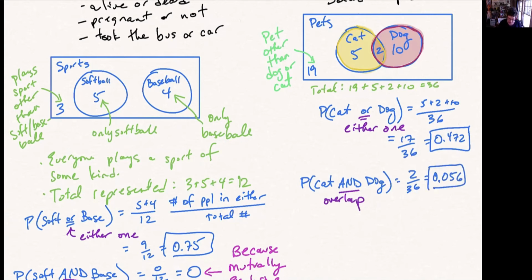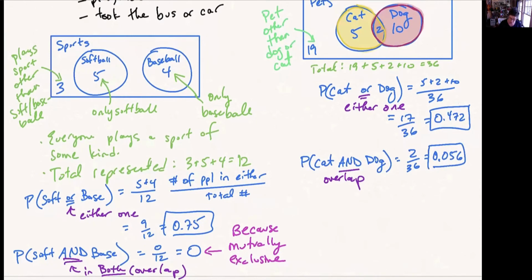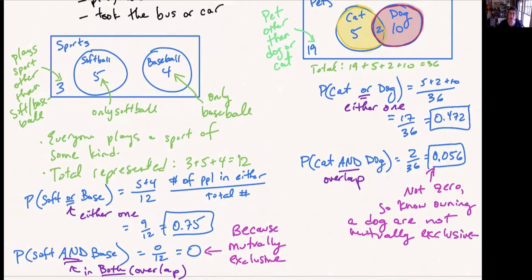Now, notice the "and" is not 0. This not being 0 tells me that these 2 events are not mutually exclusive. So I know that owning a cat and a dog are not mutually exclusive. Or put another way, you can own a cat and a dog simultaneously.